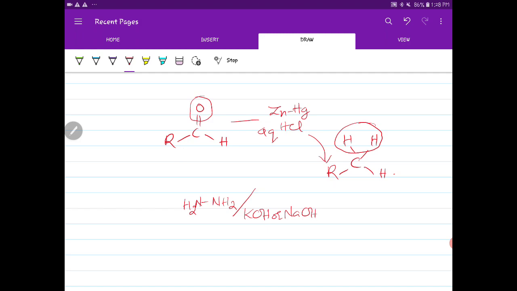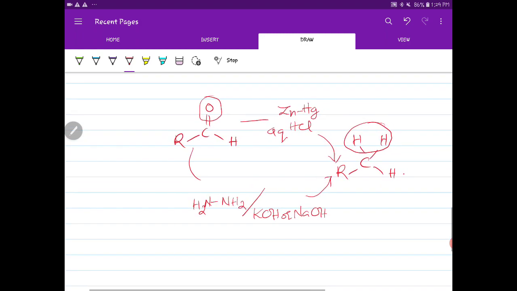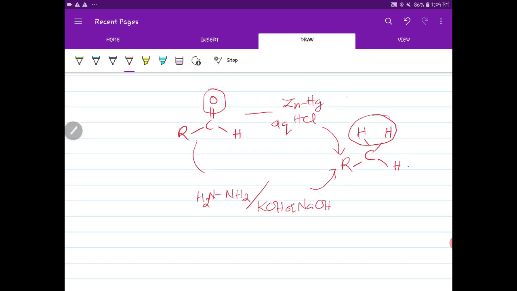So this will convert the carbonyl to CH2. This is what we call Wolff-Kishner reduction. This is called Clemmensen's reduction.